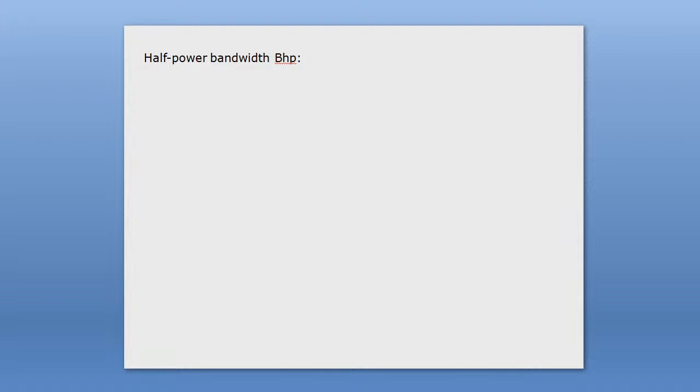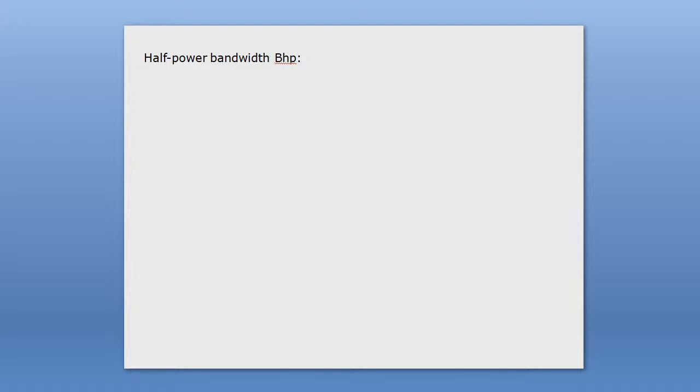What is the resonance curve? It is the variation of current with frequency, and the variation of impedance, capacitive reactance, inductive reactance, and resistance with frequency.